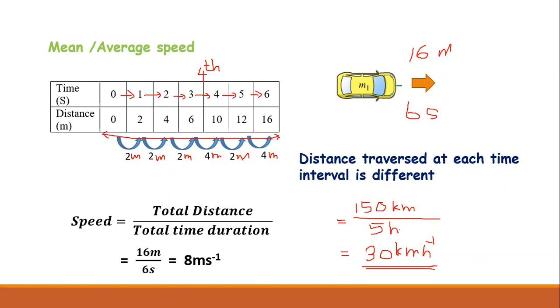From the starting point to the end point, I have to consider the total distance when we have to find the mean or average speed, because there are different speeds. We have to take the total distance and the total time duration, divide them, and we can find the answer. It is 8 meters per second. Overall, this car is moving 8 meters per second as a whole.